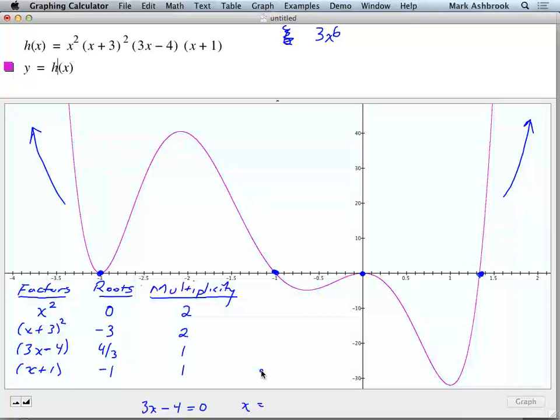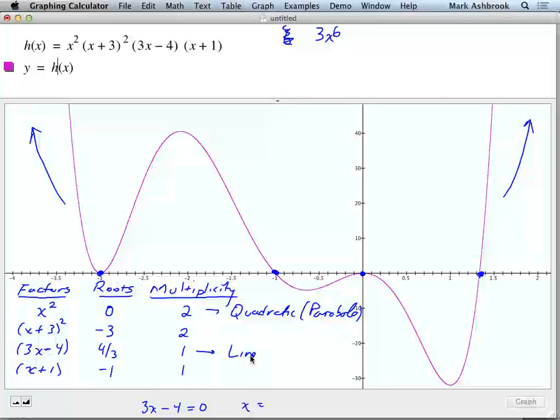So if 2 is quadratic or parabola, what is 1 like? What does x to the first power, just by itself, give you? Linear, right? So 2 is like quadratic, like a parabola, and 1 is like linear.